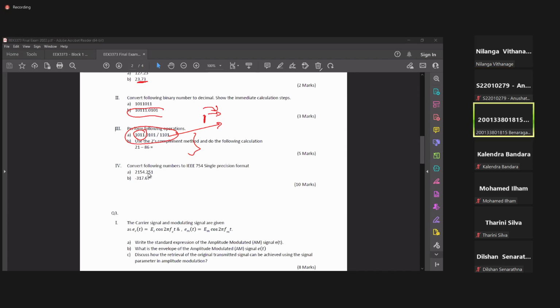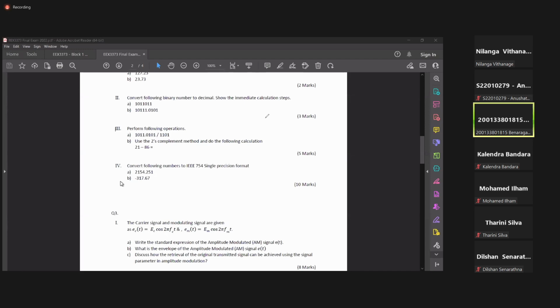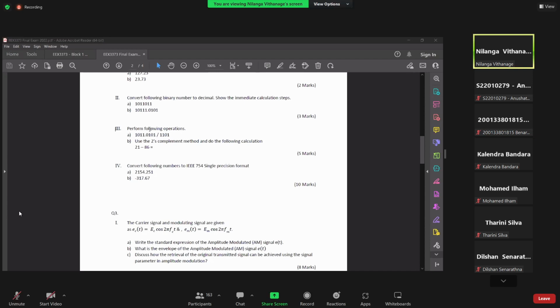If you convert binary numbers to decimal numbers, do the division, and convert back to binary, you won't get any mark for that. I explained that method in the first day school lessons.